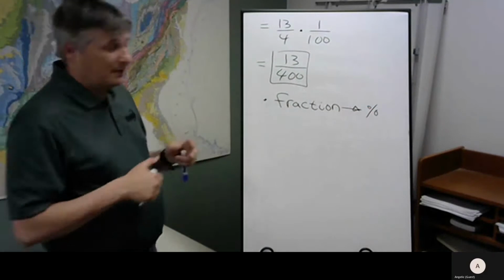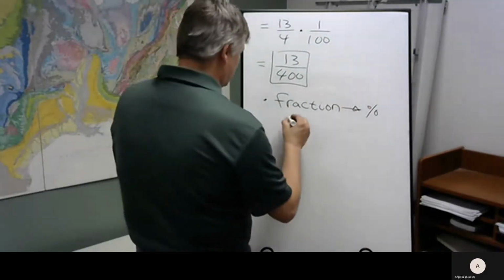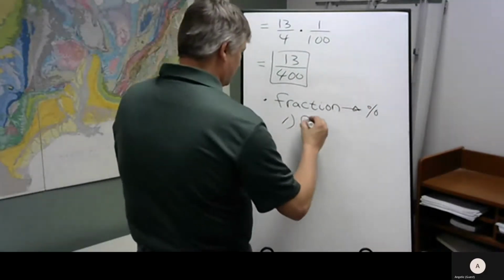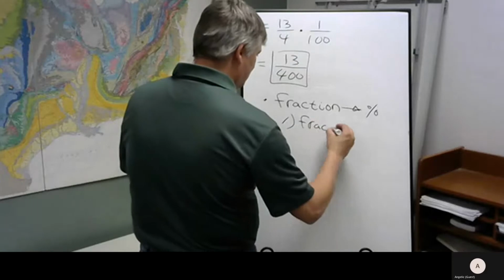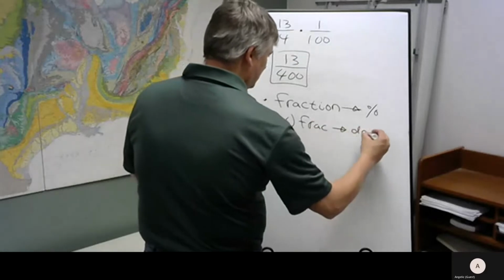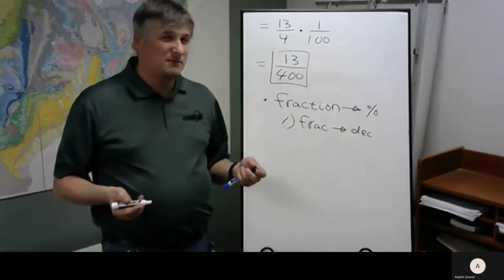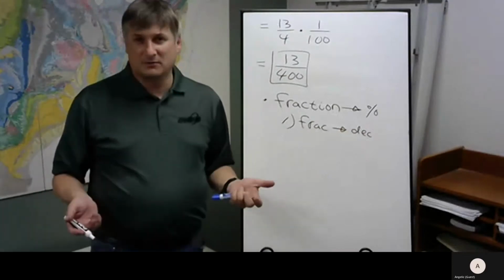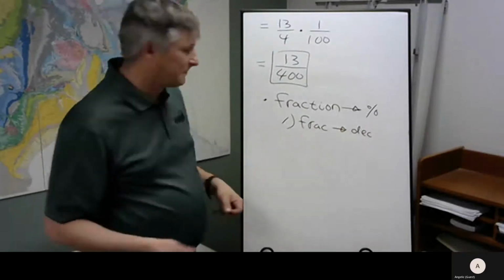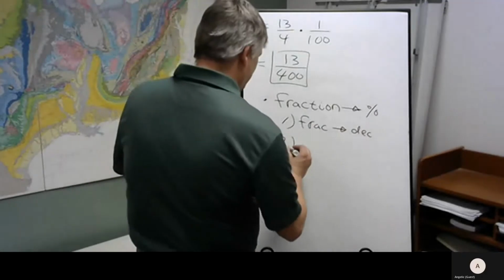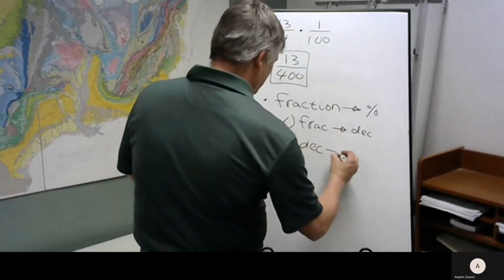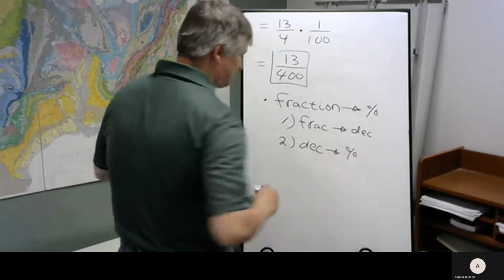The way that's typically done is we'll go fraction to decimal. So we're going to actually use the division property. The fact that fractions are division will come up with a decimal. And then we'll go decimal to percent.